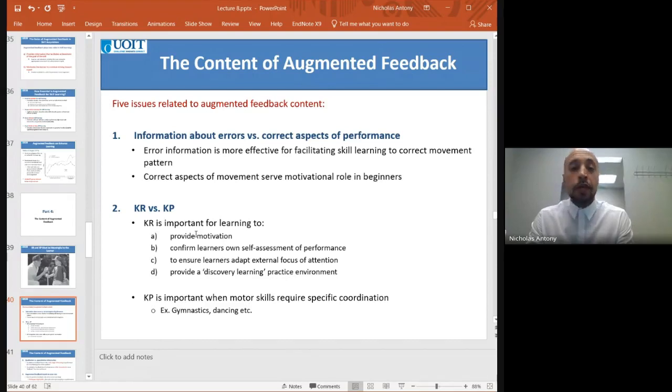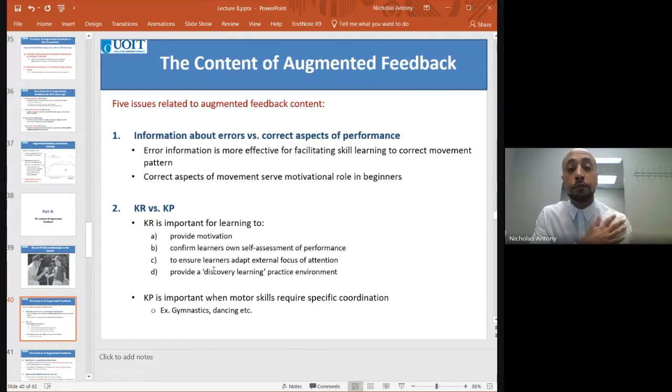That makes sense, right? They can use that information to confirm their own self-assessment of performance. It allows them to adopt an external focus of attention, because you're not focusing on their movements. And by providing just KR, it allows for self-discovery, which is important, right? The cognitive aspect. If they figured it out for themselves, they're not going to forget it, because they had that moment where they processed it.